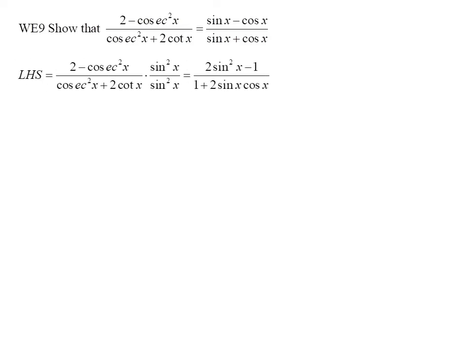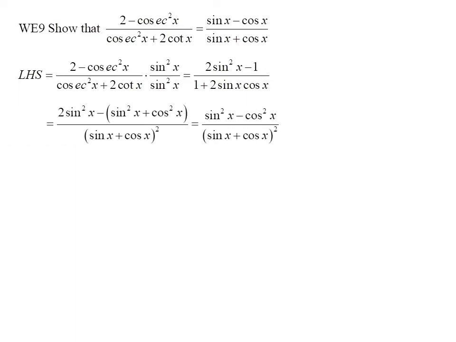Example 9 is to prove the trigonometry relation as shown on the screen. We start from the left side by multiplying sine squared x on both numerator and denominator, and then the left side becomes 2 sine squared x minus 1 all over the sum of 1 and 2 sine x cosine x.